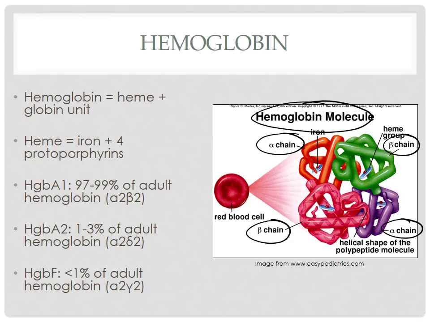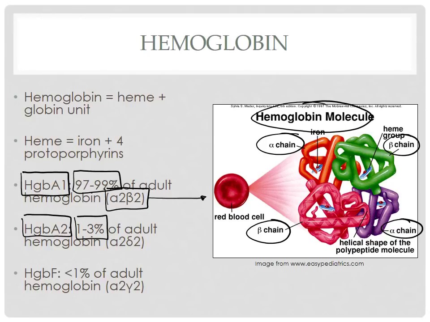The normal hemoglobins that you'll find in most people are listed here, and the most predominant one is your hemoglobin A1. This makes up about 97 to 99% of the hemoglobin in adults, and this is considered an alpha 2 beta 2, which means 2 alphas and 2 betas, as in the picture here. The hemoglobin A2 makes up 1 to 3% of adults' hemoglobin, and this has an alpha 2 and a delta 2.